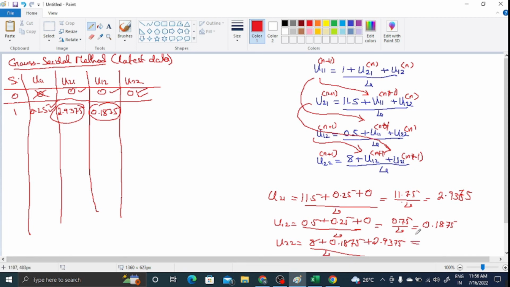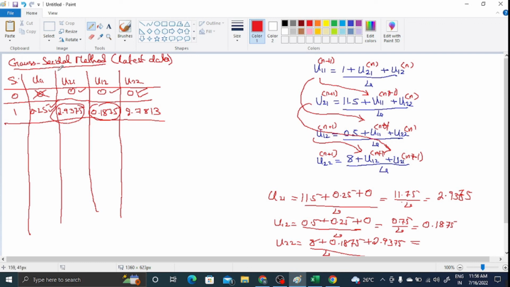So the answer is 2.7813. Okay, so this is iteration number 1. So all of you please complete this one.